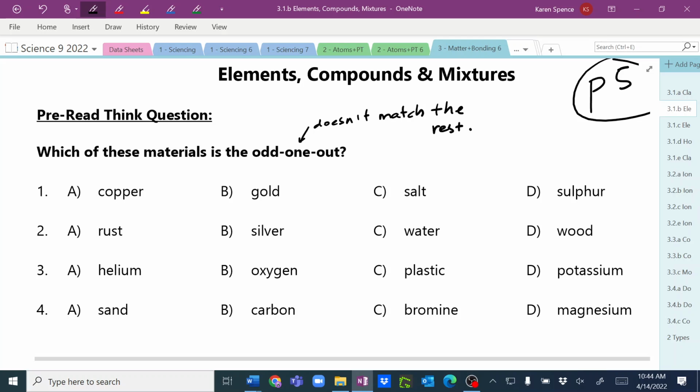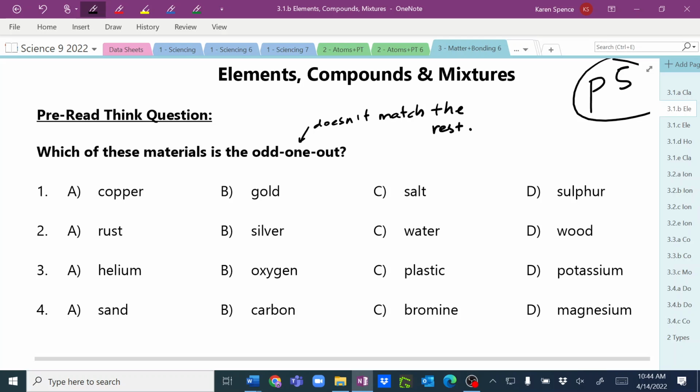That's a B. C is really easy. And then D, you point your pointer finger up, and the rest of your fingers and your thumb make a circle. That's a D.